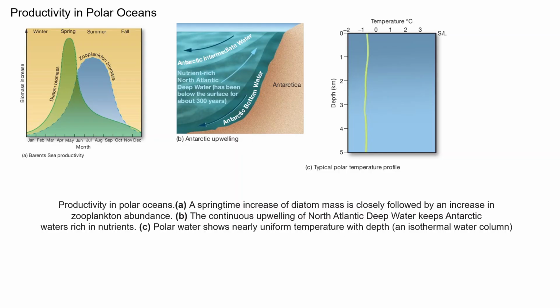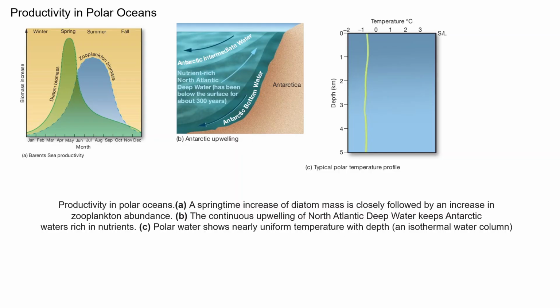So, if we look at the productivity in the polar oceans, in the Arctic region, the Barents Sea, during the winter season, from December to March, the sunlight is not there, it's almost completely dark. So even though the nutrients are high, the productivity of diatoms, the primary producers or phytoplankton, is very low.